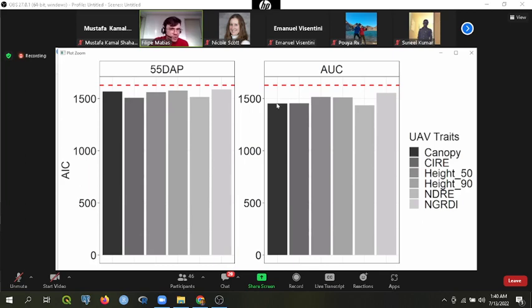Sorry guys, AIC. Am I pronouncing this right? AIC. Okay. We could reduce the AIC, meaning that including any one of those traits in your model, when you are modeling yield, you are fitting your data better.